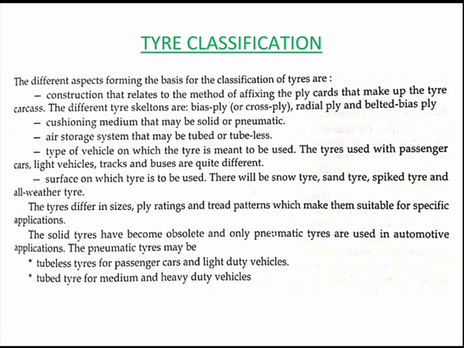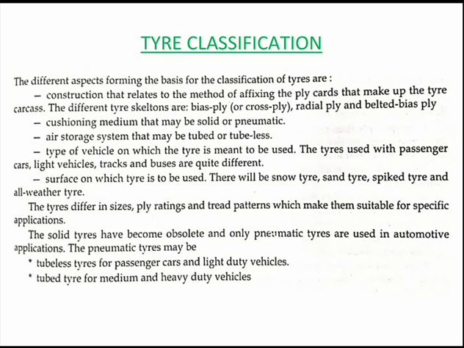So first, in the case of construction, this relates to the method by which we affix our ply cords inside the tire. You know that the ply cords are the skeleton of our tire. According to the different arrangements of these ply cords, or different types of skeletons, we can classify them into three types.